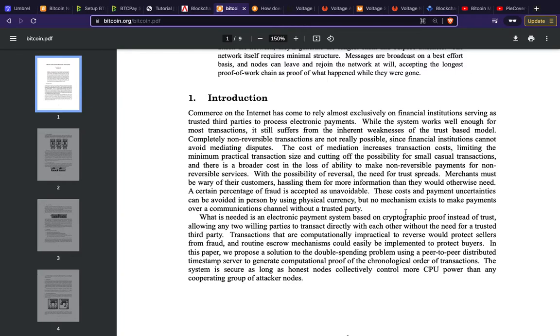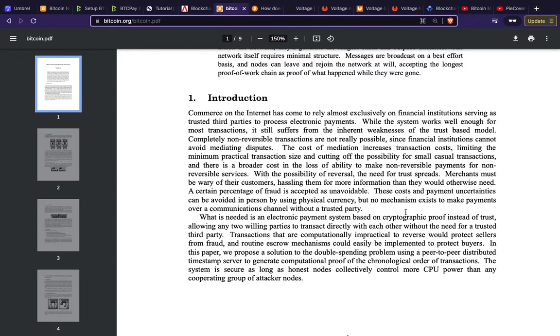Okay, this is it. Transactions that are computationally impractical to reverse would protect sellers from fraud, and routine escrow mechanisms could easily be implemented to protect buyers.